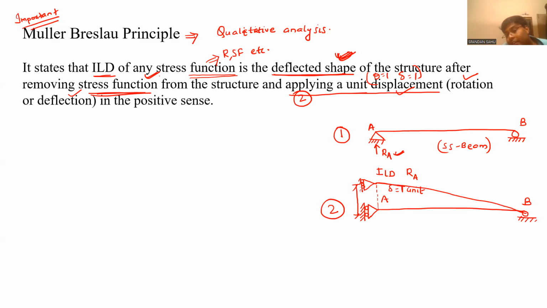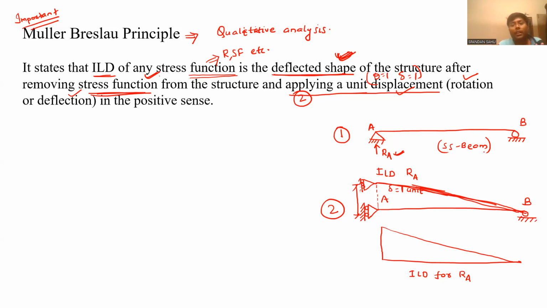This is a straight line. I am drawing it again here. So this is the ILD for RA.